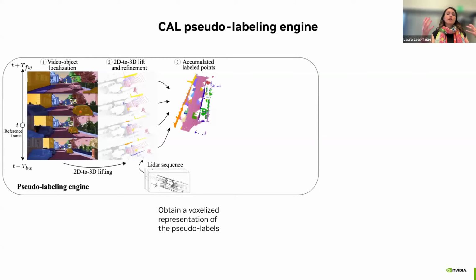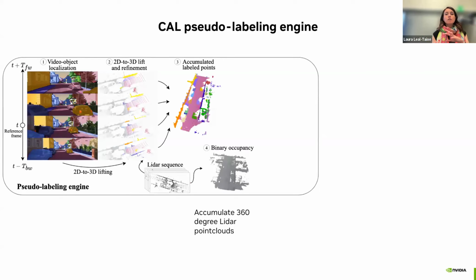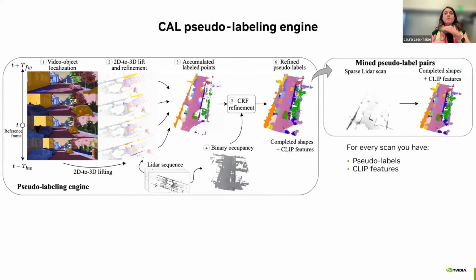And then, with the accumulated labeled points, we have this kind of voxelized representation of the pseudo labels. Now, since these are still a little bit noisy, what we do is that we use the accumulated 360-degree LiDAR point clouds, right? We accumulate it to get these completed shapes, and together with accumulated pseudo labels, we can now get these refined pseudo labels through a CRF refinement.